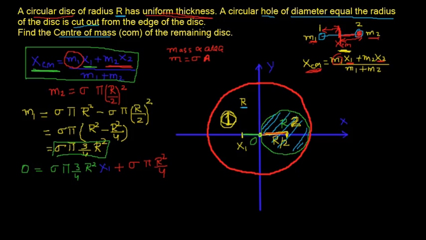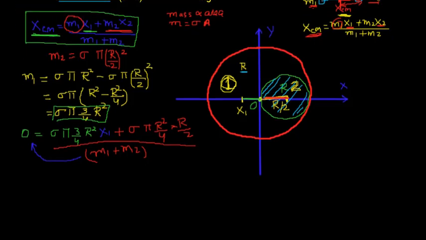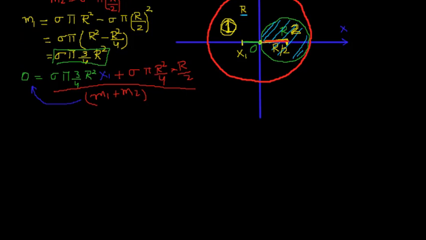X2 is this, which is r by 2, times r by 2, and divided by m1 plus m2. I could have written the values of m1 and m2, but I am just avoiding it because it's in the denominator, and I know by mathematics it has to go on the other side and be multiplied with 0, and it will become 0. So no need to multiply it. Okay, now let's solve it.